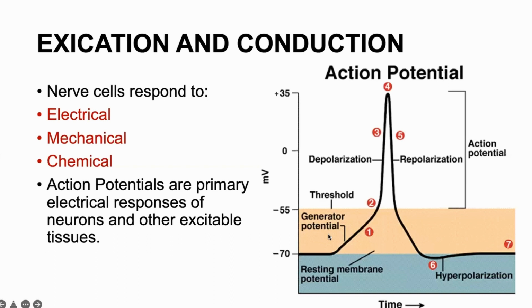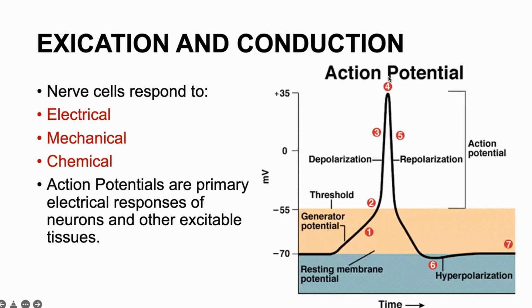Once the stimulation is enough to take it above the sub-threshold, once it gets to the threshold, that's when you have the rapid influx of sodium, and that's when you have the depolarization. So if you look at the graph here, you see depolarization. This is basically when the voltage-gated sodium channels are open, and when it gets to this area, that's when the action potential is carried out.